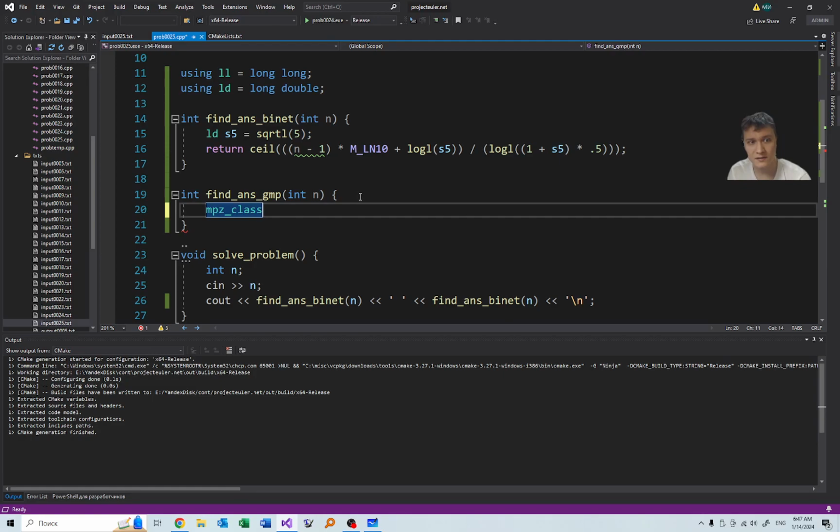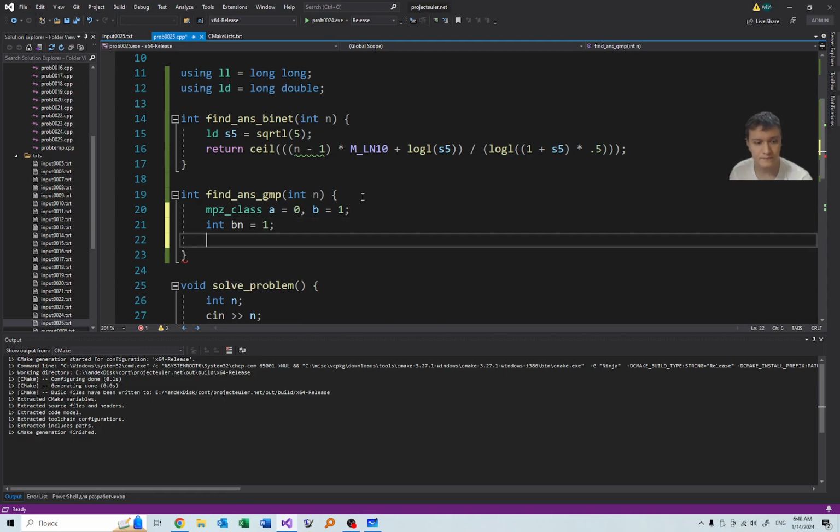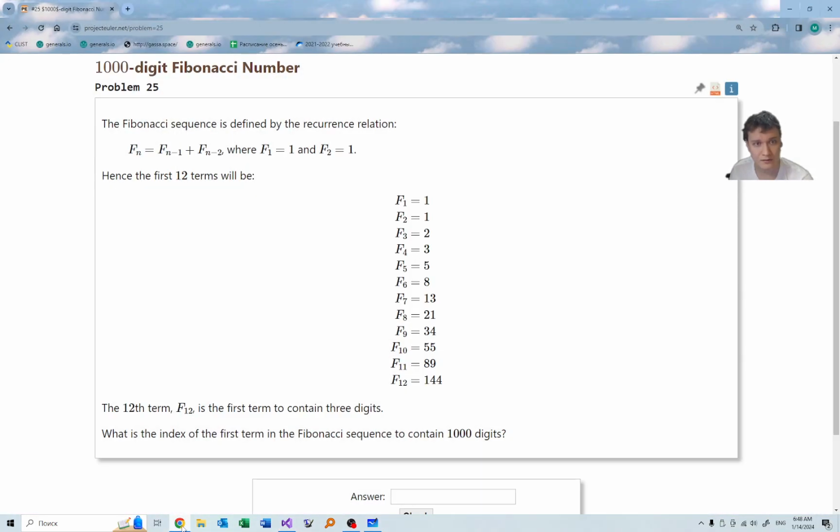Okay, mpz class, a equals 0 and b equals 1. And we store the number of b, let's call it bn, which is 1. Is it 1?